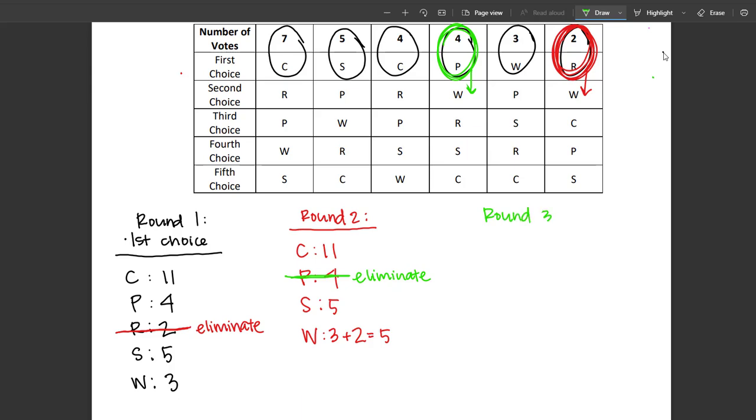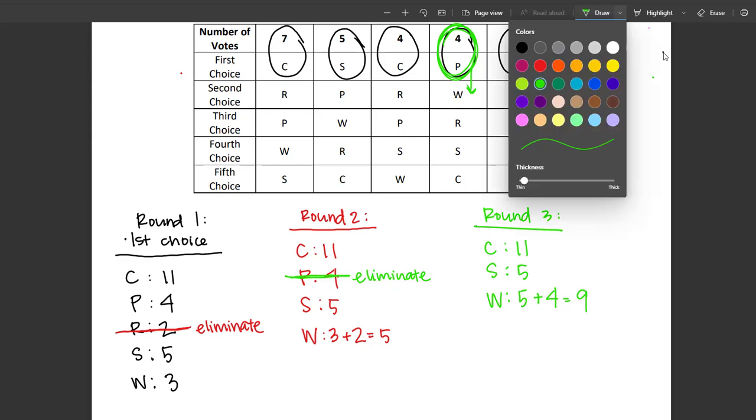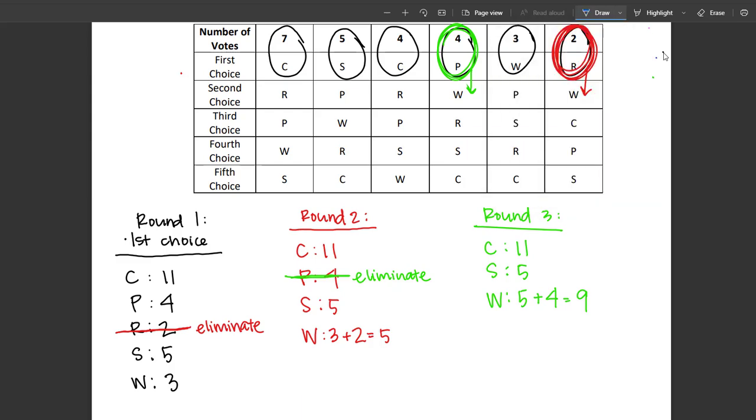Round 3. Cabaret still has 11. Sweeney Todd still has 5. But West Side Story, we have the 5, and we now have the 4 from Producers, so we have 9. So the lowest one in this one is now Sweeney Todd. So all of these votes from Sweeney Todd are going to go down.